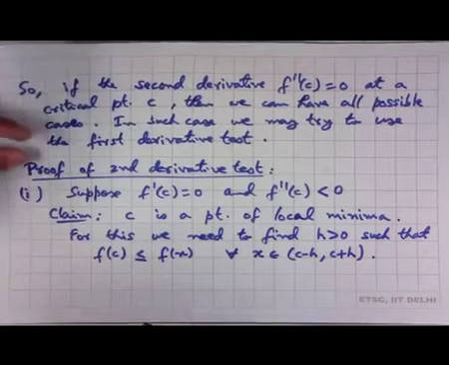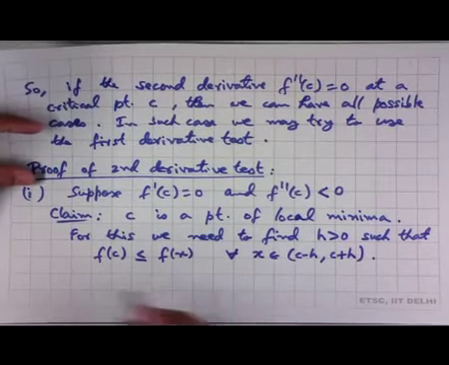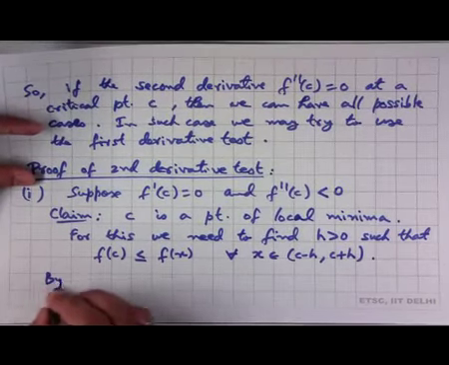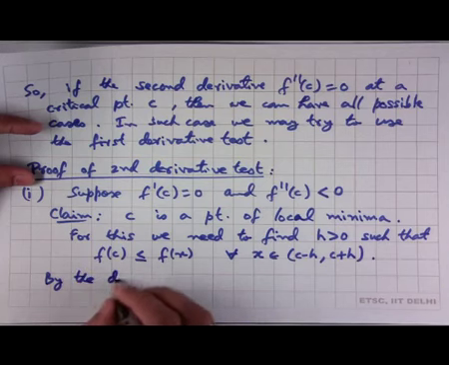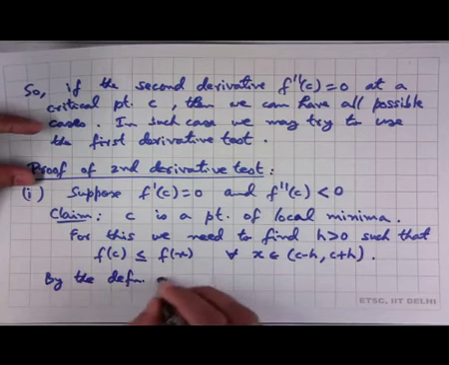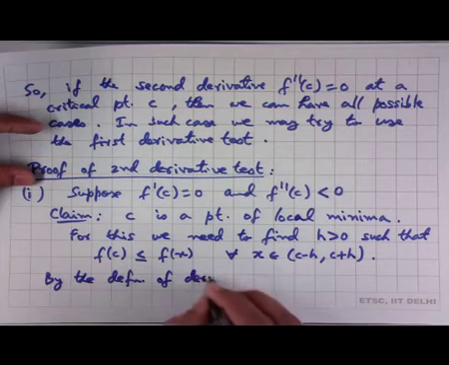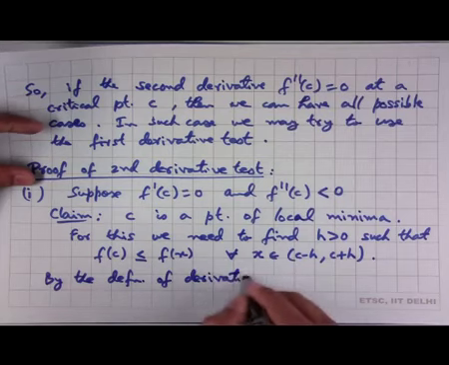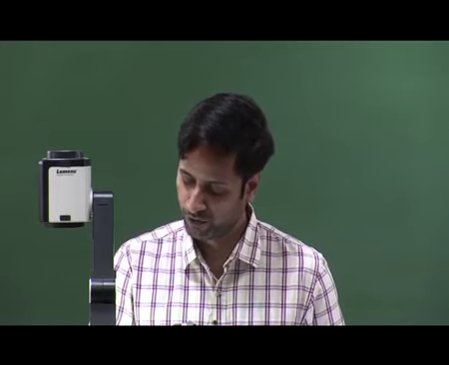So, by the definition of derivative, f double prime c can be written as a limit. The second derivative is the derivative of the first derivative.